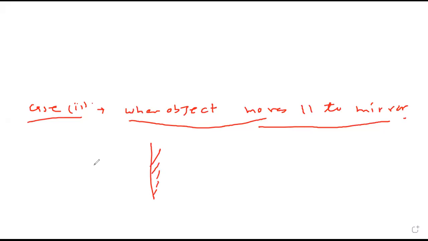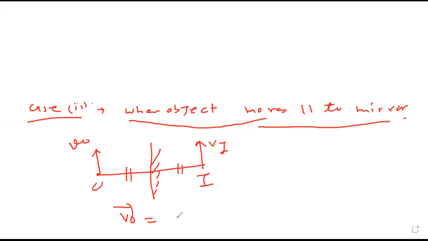So this is the mirror, object, image, distances are same. This is the velocity of the object. This will be the velocity of the image. Both are moving parallel, so the velocity of the object is the same as the image. Both are moving upward or both will move downward.